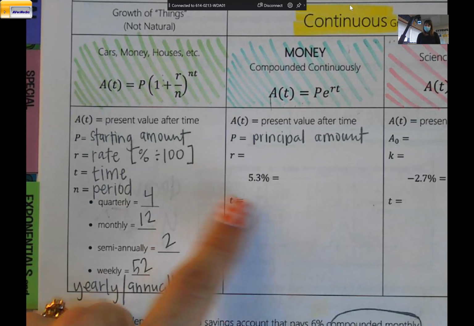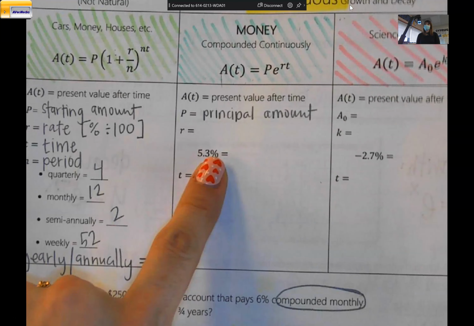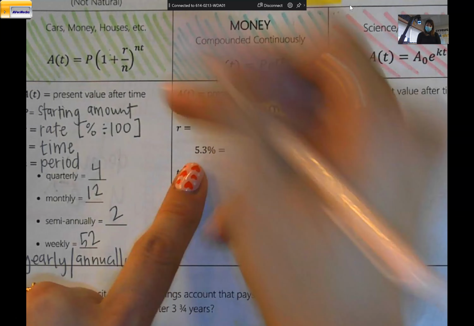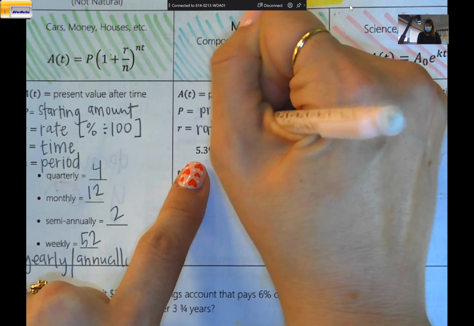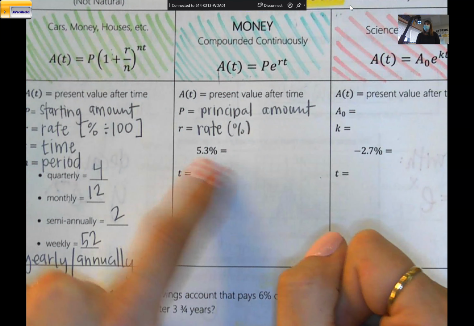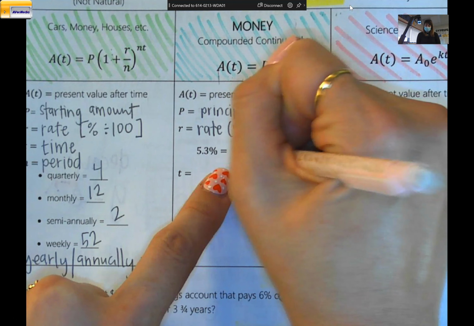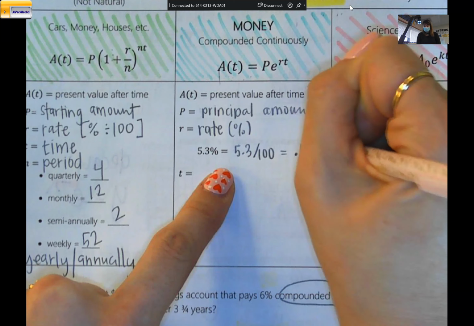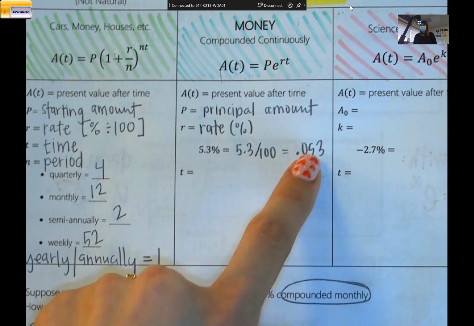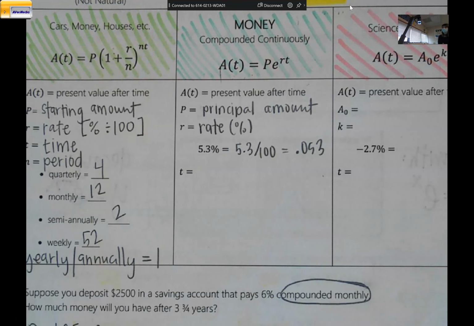R, so here, I'm giving you the space to change this to a decimal. So R is your rate or your percent. And this is just a reminder that if you have 5.3%, you got to divide that by 100. And that'll give you 0.053. So that's just reminding you, you have to change it to a decimal.